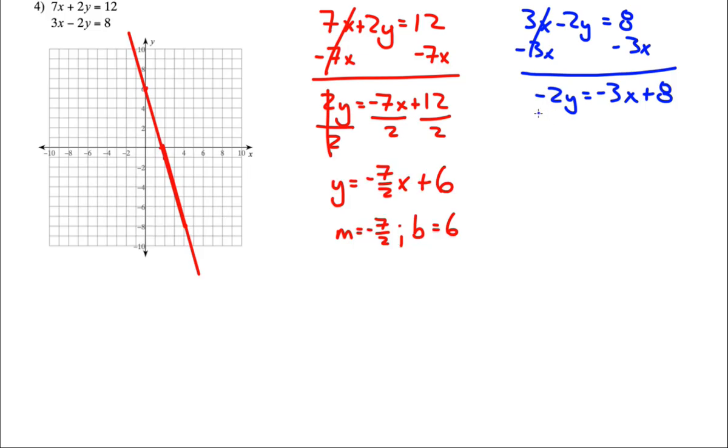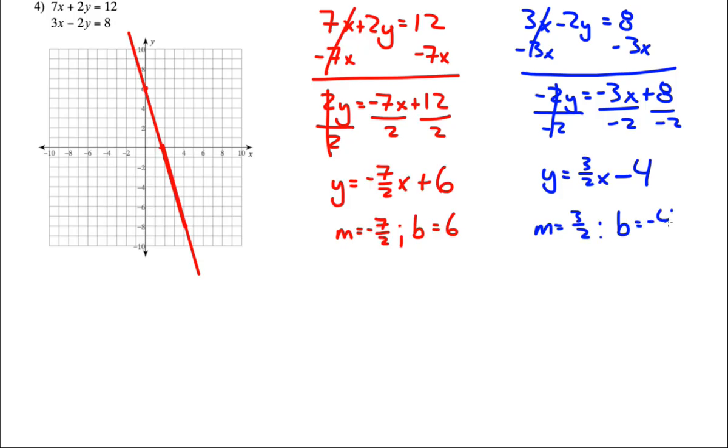So if I divide by negative 2 to isolate my y, and of course I'm going to do that to all my different terms, those cancel, so I'm left with y equals, a negative over a negative is a positive, 3 halves x. A positive over a negative is a negative, and 8 over 2 is 4. So now I have that my m equals 3 halves, and my b equals negative 4.